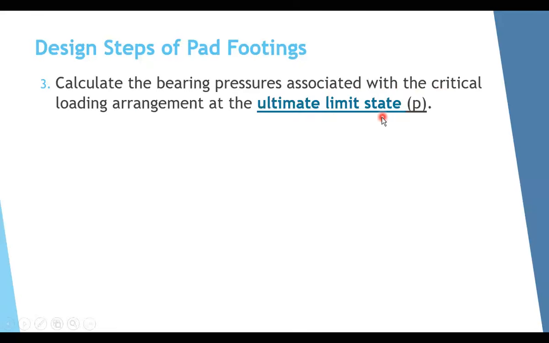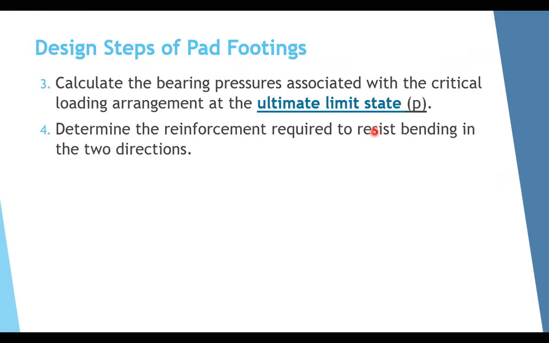We have to calculate it at the ultimate limit state because we are now going to use it for our reinforcement design and also for checking direct shear and punching shear. We will use it, as we explained a few minutes ago, to design the reinforcement in both directions, short and long.